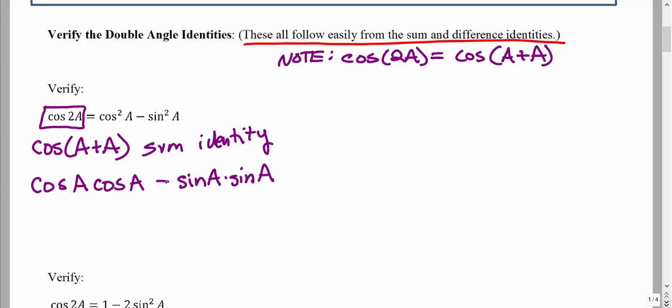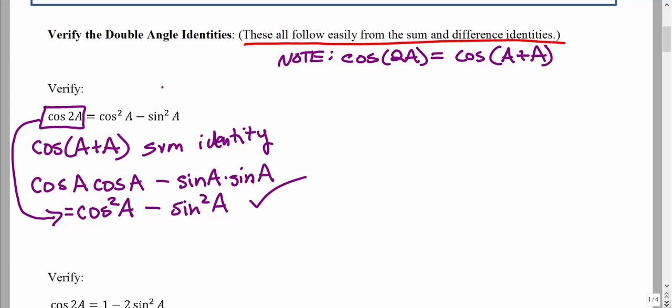We use the opposite sign in between for cosine, and then sine of the first angle times sine of the second angle. Since the angles are the same, cosine A times itself we can write as cosine squared A minus sine squared A. So we have just shown that we can start with cosine of a double angle and show that it is always equal to cosine squared A minus sine squared A. We have met our goal, and that identity has been verified.